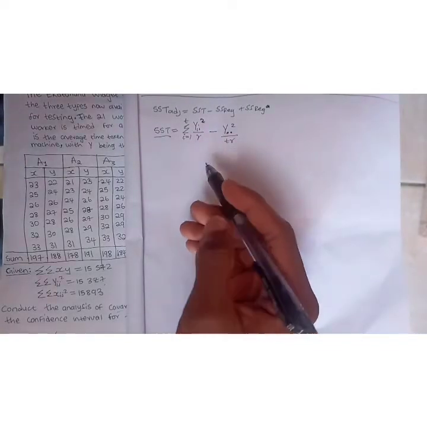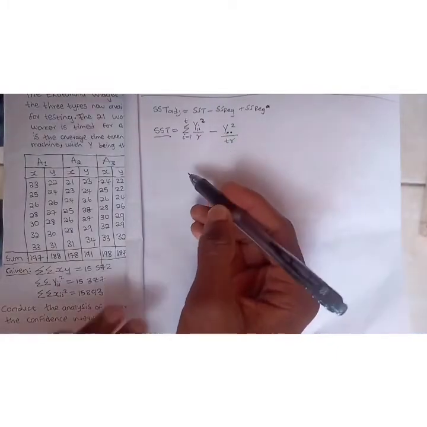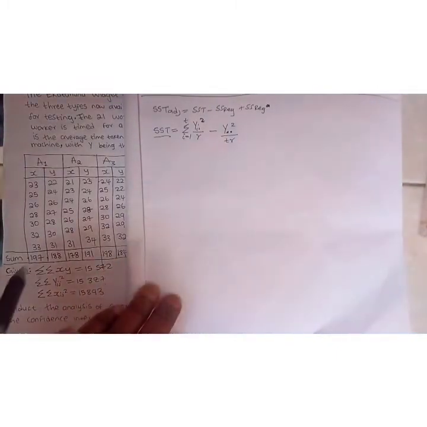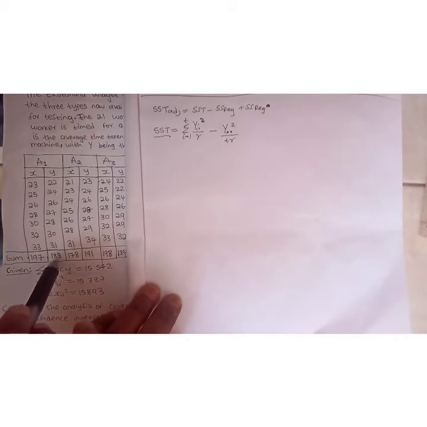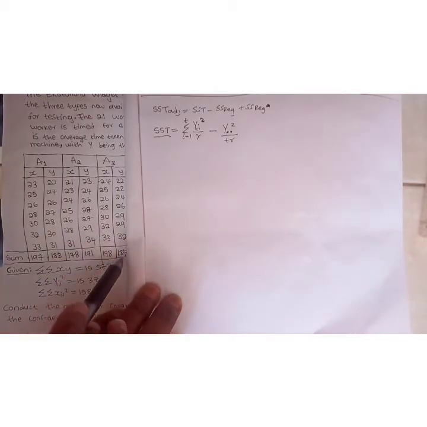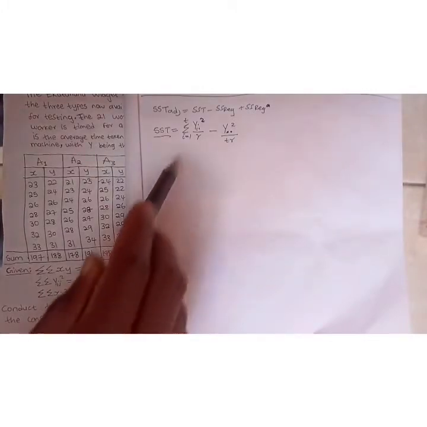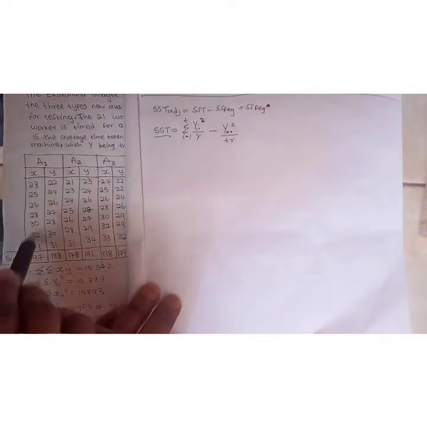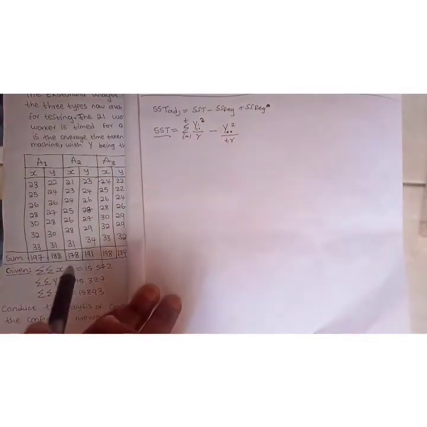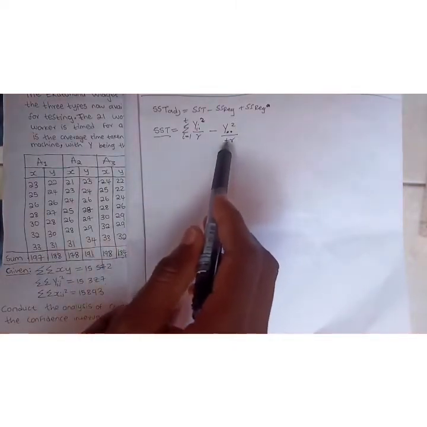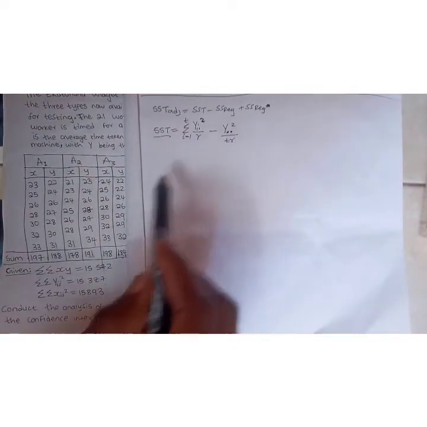So let's calculate. Here we are given the sums for y. We take this value and square it, plus this value squared, plus this value squared, then divide by the number of replications, which is 7. Then minus the overall sum, 188 plus 191 plus 184, squared, divided by the number of treatments times the number of replications.